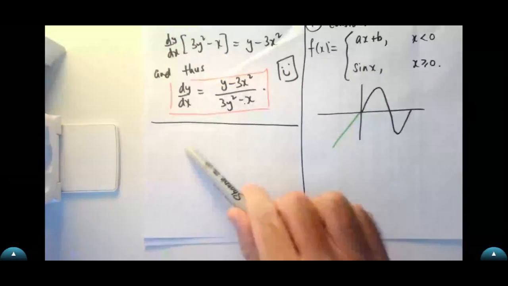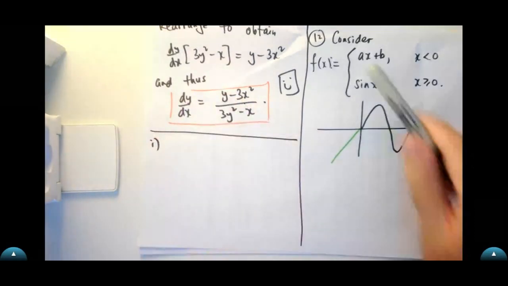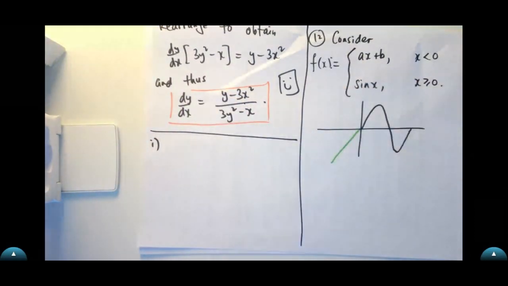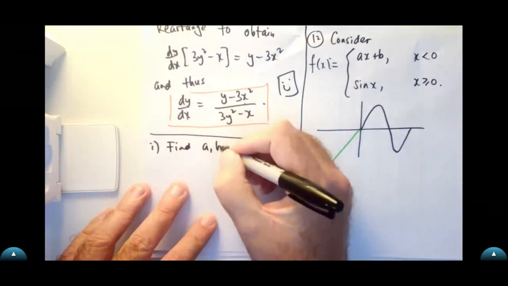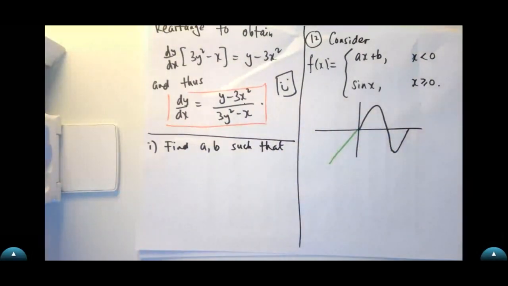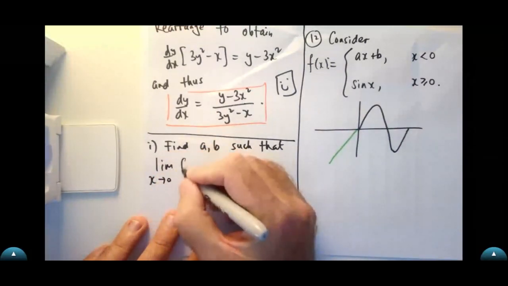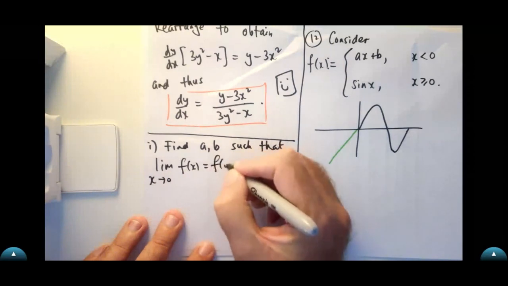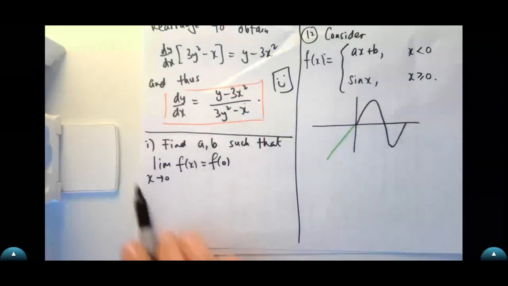I'll start back over here to save space and get it all on one page. For 12 part 1, we want to find the values of a and b such that this limit condition is satisfied, and this is exactly the condition for continuity at 0.